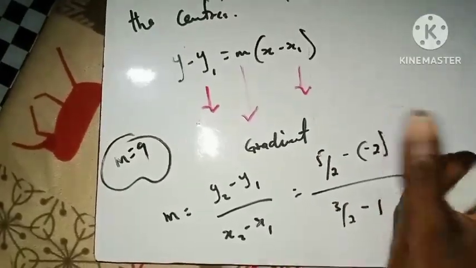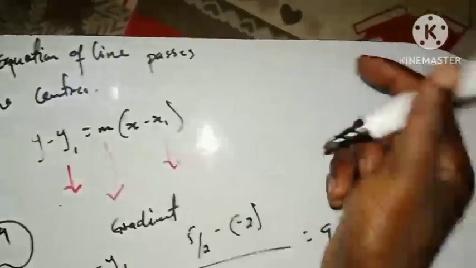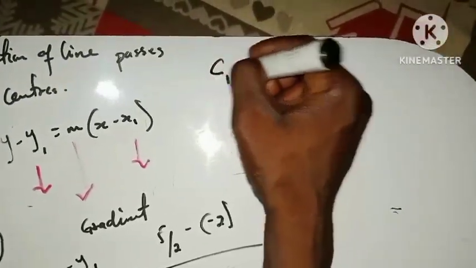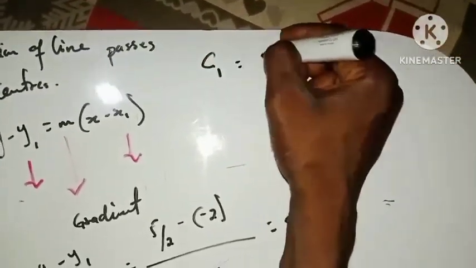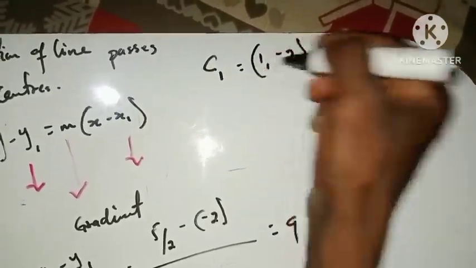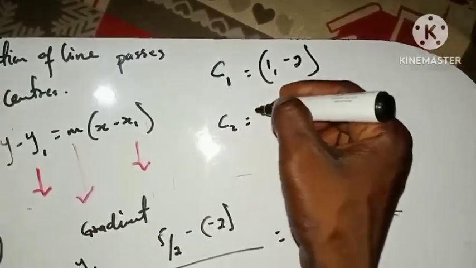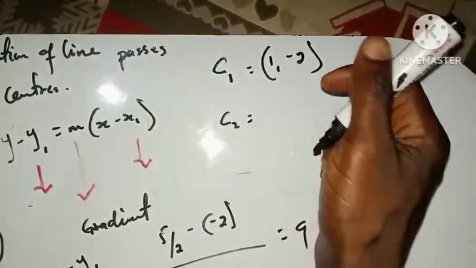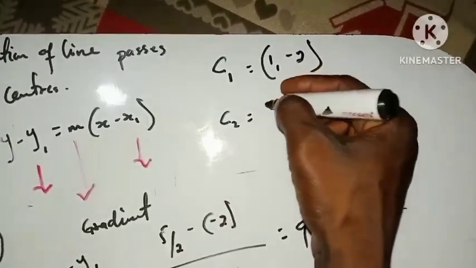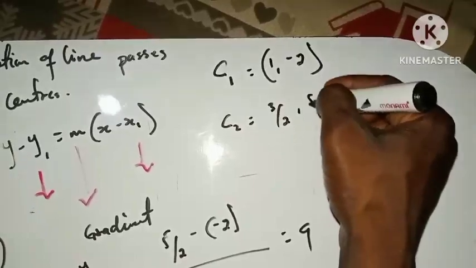I don't want any difficulties dealing with fractions, so I may choose the first center, which is the first point, 1 comma negative 2. This is what we had for the first center. The second point was 3 on 2 comma 5 on 2.